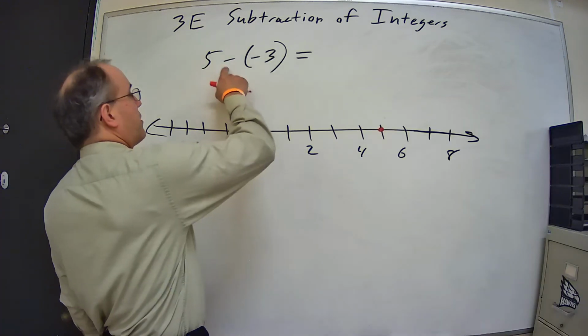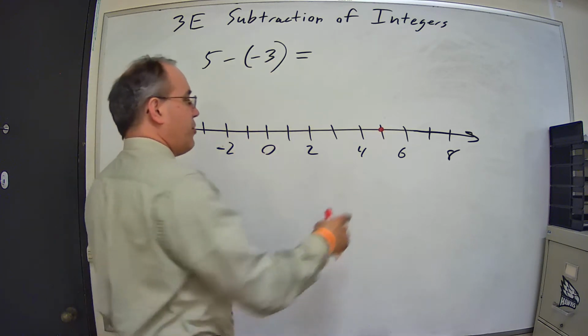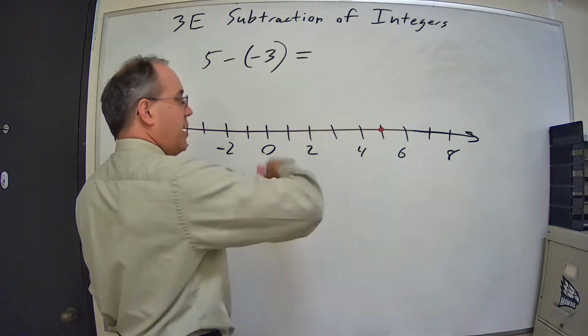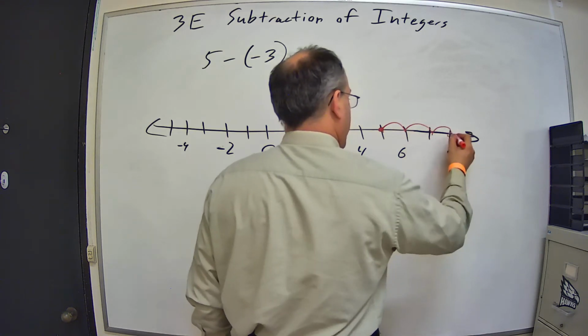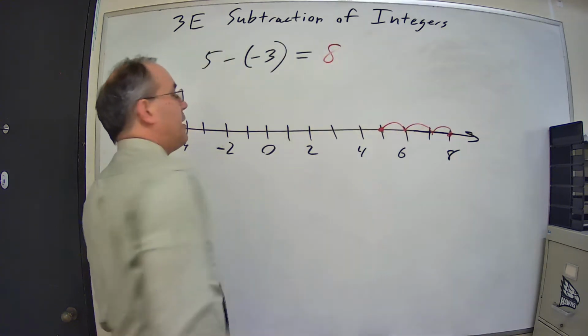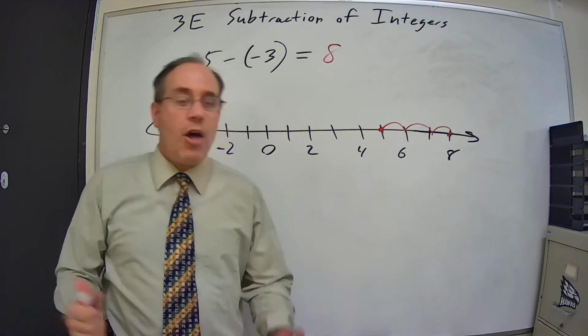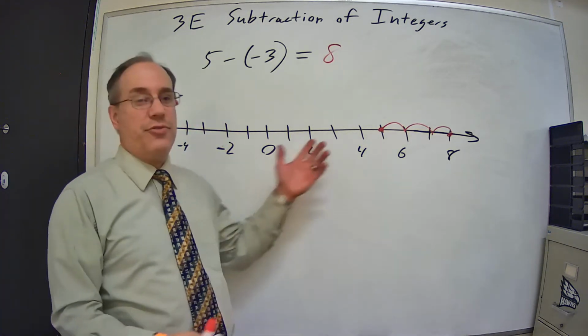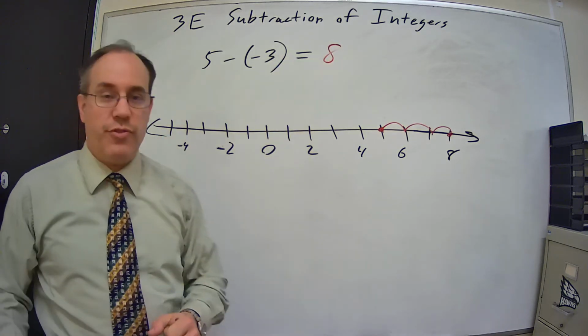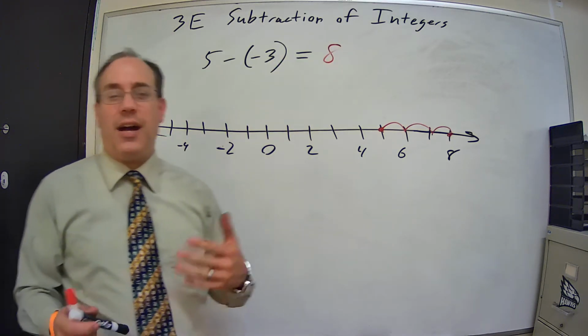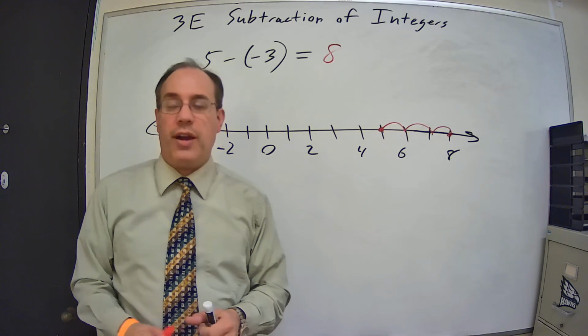So instead of going to the left by 3, we're going to go to the right by 3, giving us 8. Now I'll be honest with you, I hate using the number line for this. To me, it just seems more confusing and like it causes more opportunity for errors to occur.